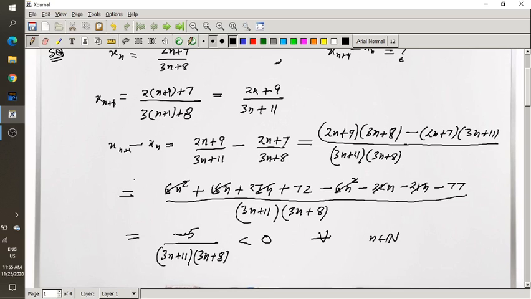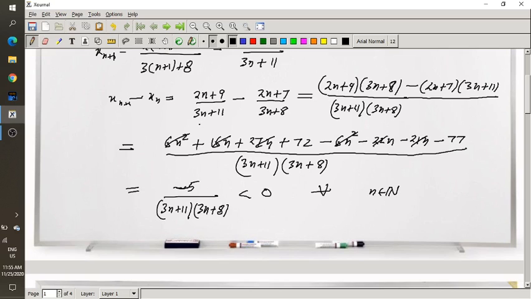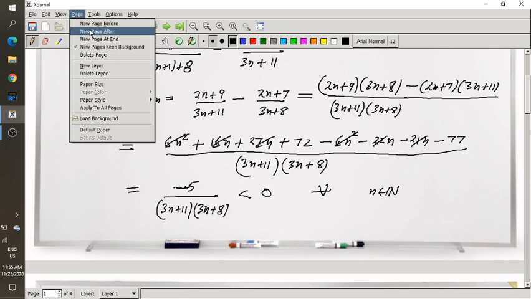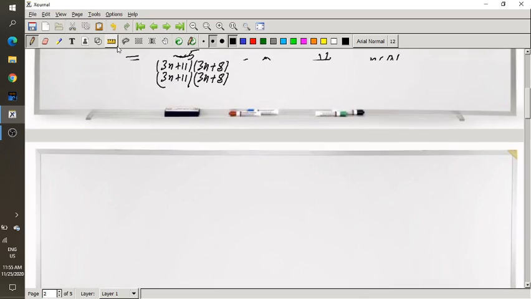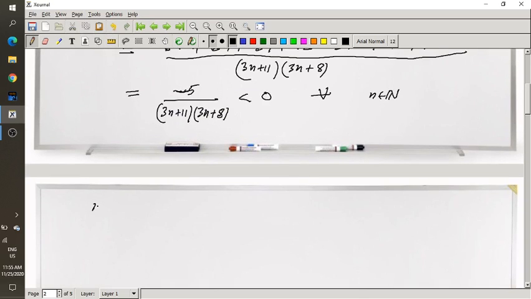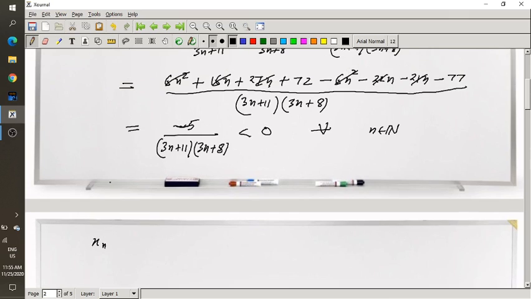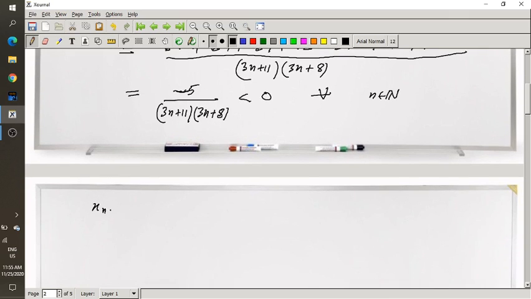Right? So here what we get, clearly, since xn plus 1 minus xn is less than 0 for all n belongs to natural number, that is xn plus 1 is strictly less than xn for all n belongs to natural number.